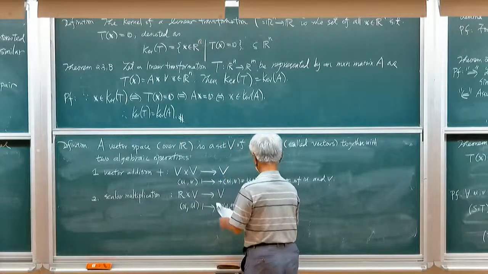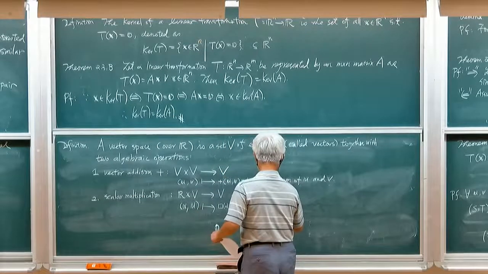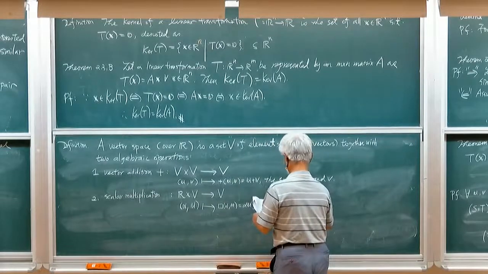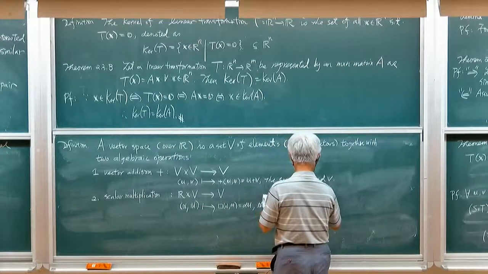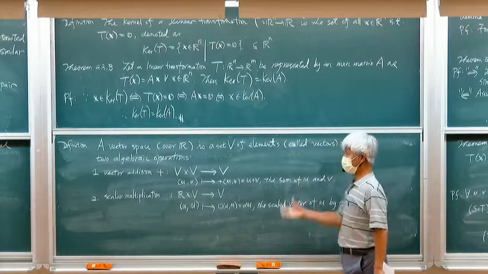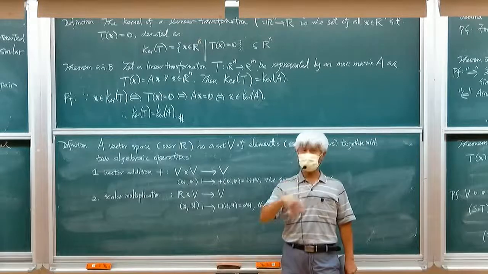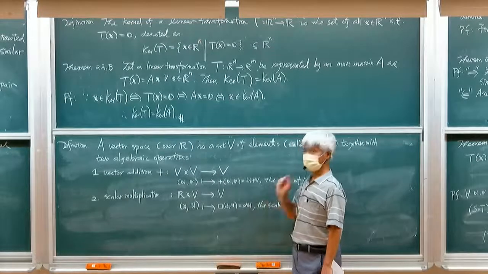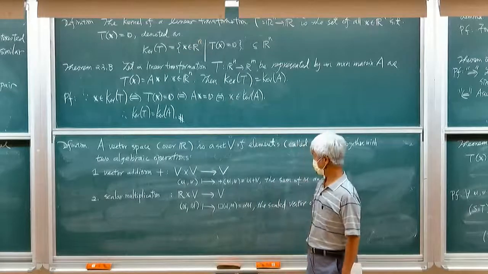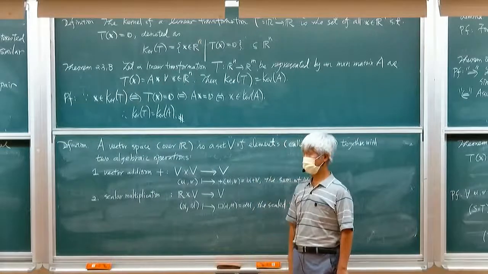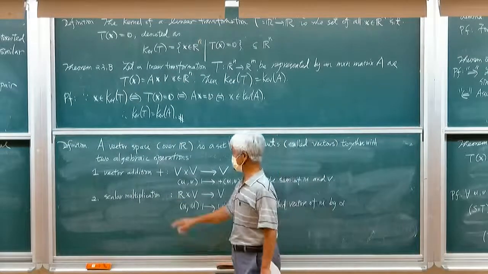So it's the scaled vector of U by scalar alpha. So we should find a way to scale up or scale down a vector U. Okay, and so I put just a blank to denote it's a scalar multiplication.